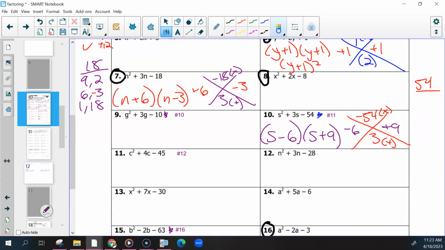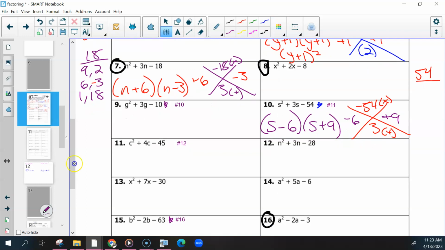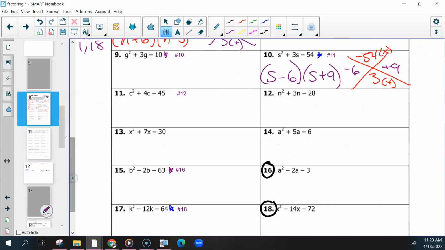Let's do one more of those and then we'll switch to something else. Let's do 13. Think of two numbers that multiply to be negative 30, where one is negative, that also add to be 7.